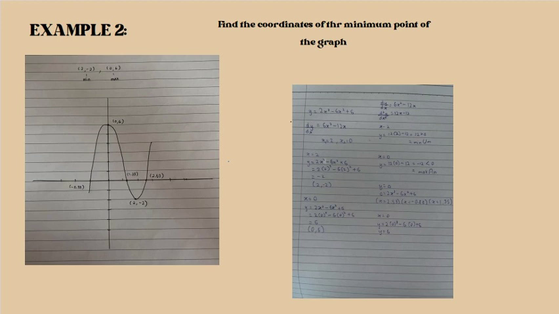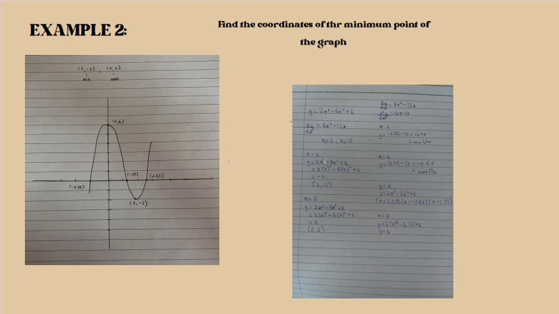So y = 2(2)³ - 6(2)² + 6 = -2. So the coordinates will be (2, -2).